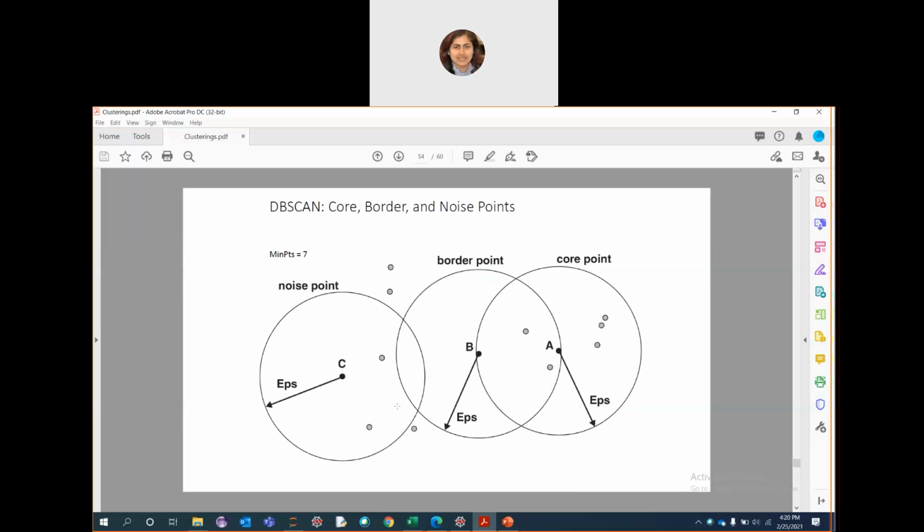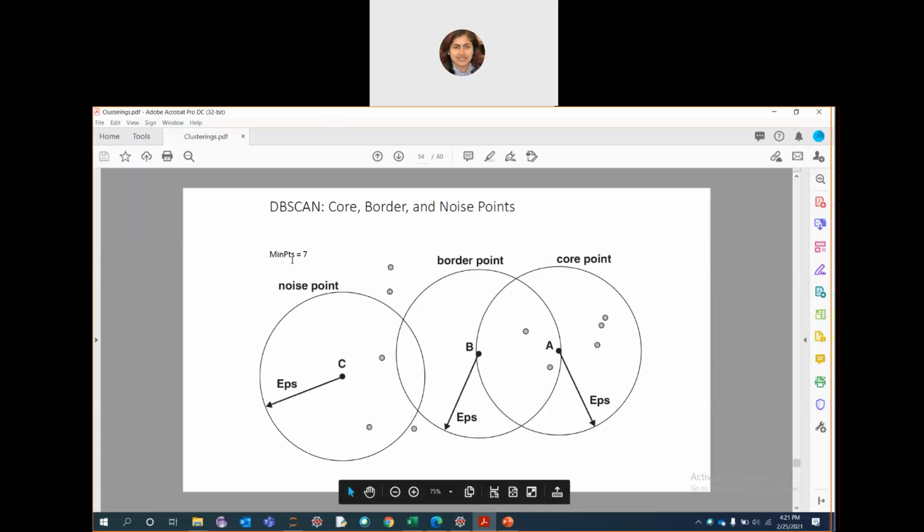Next, let's see what it says here. Here we are considering A as a core point, B as a border point, and C as a noise point. How? There is a defined parameter value for the epsilon radius, which forms a region or a cluster region around a point.